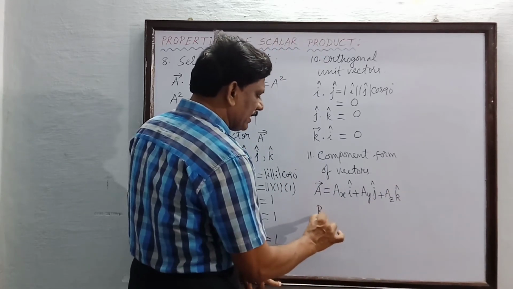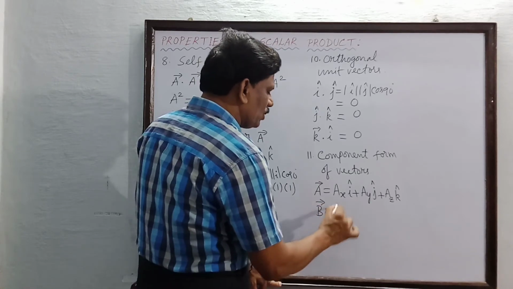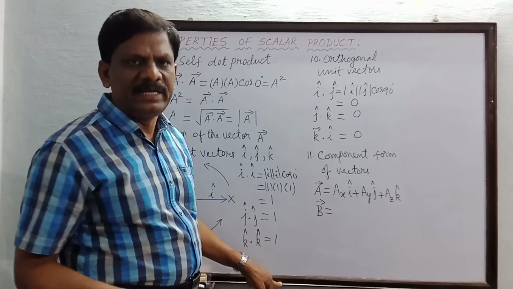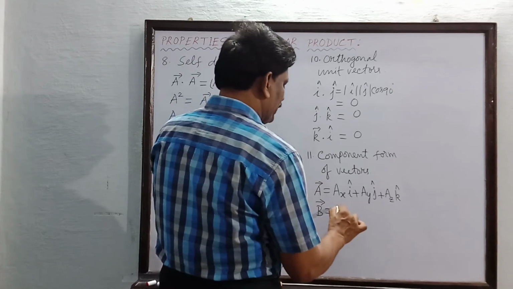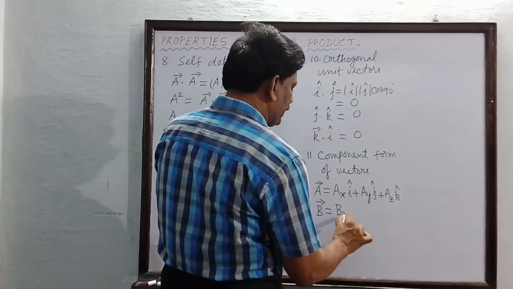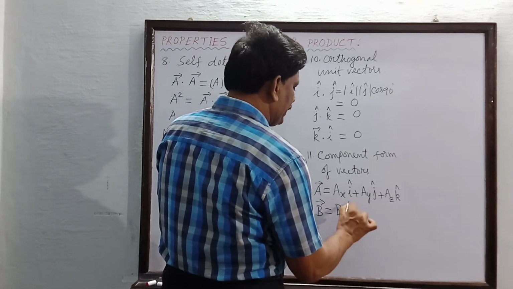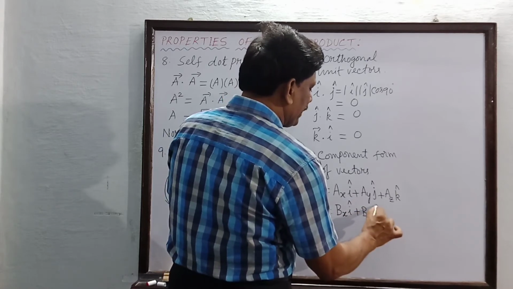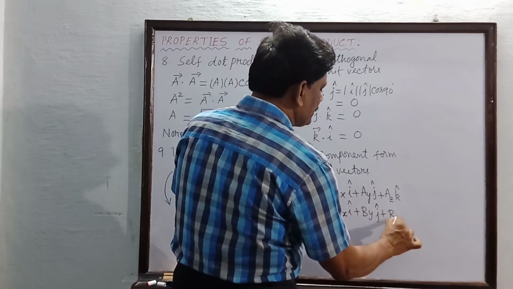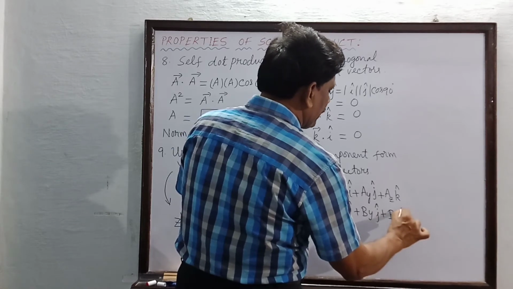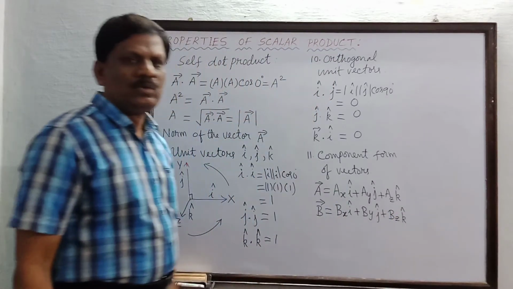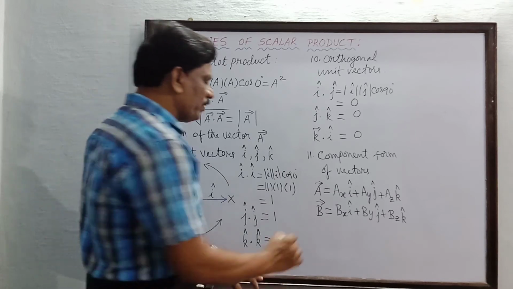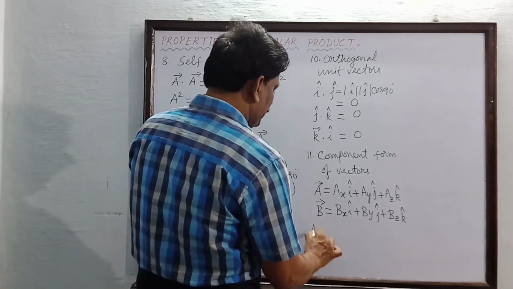Similarly, I will consider another vector B. So, B also has three components. The x component is Bx into i cap plus By into j cap plus Bz into k cap. Now, I am going to take the dot product of these two vectors.